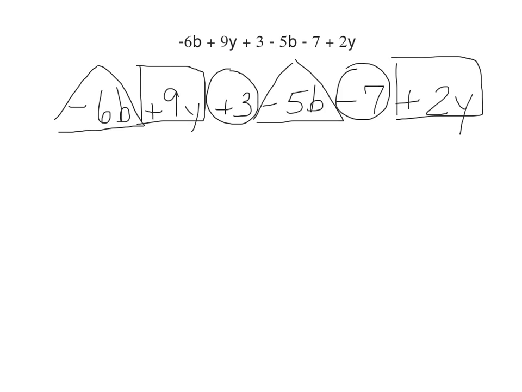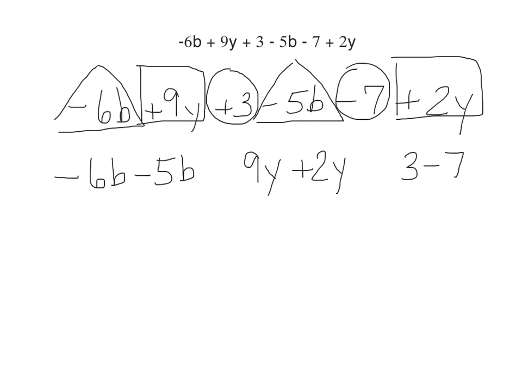So I have a negative 6b minus 5b. I have a 9y plus a 2y, and then I have a 3 minus 7. So I'm going to combine this.